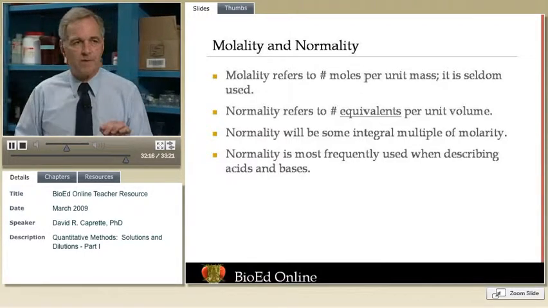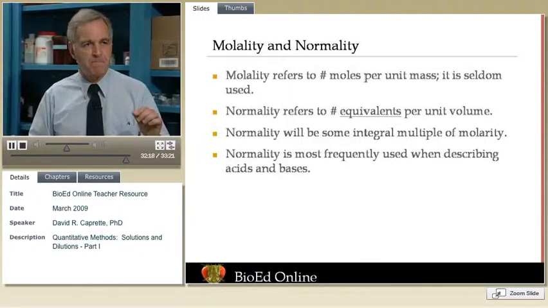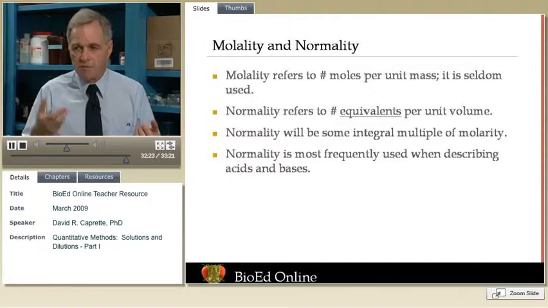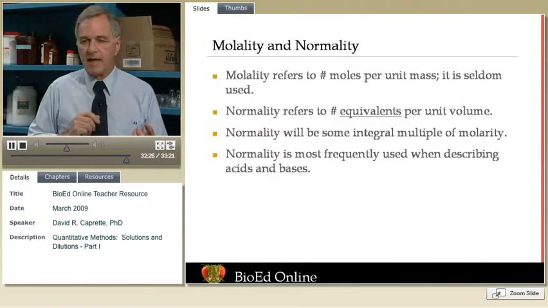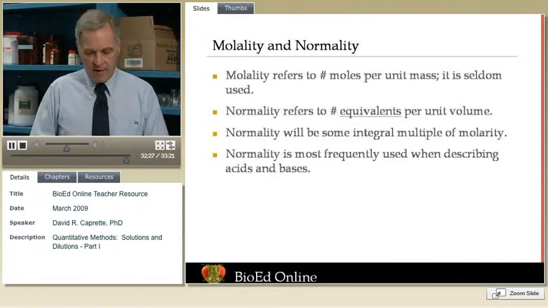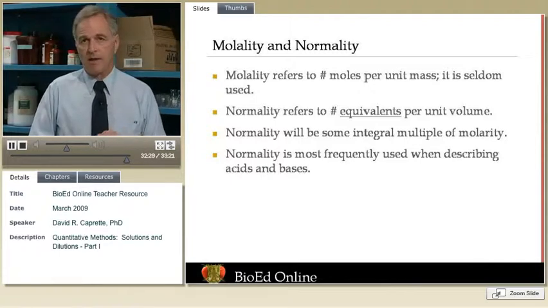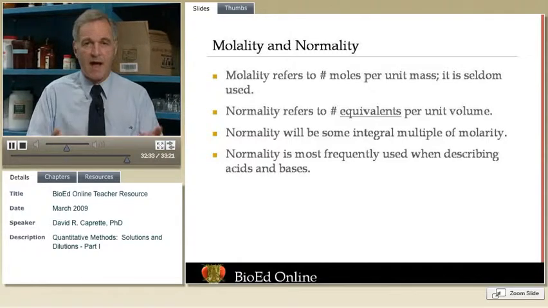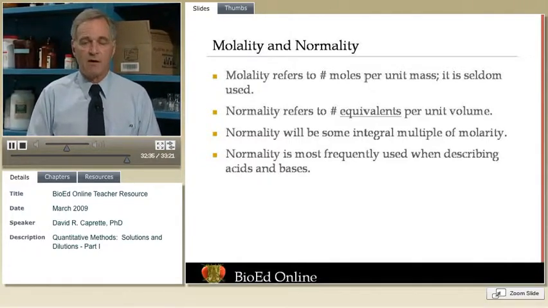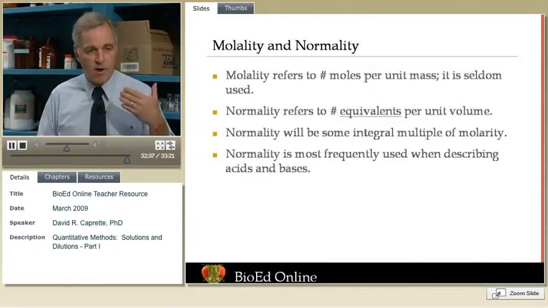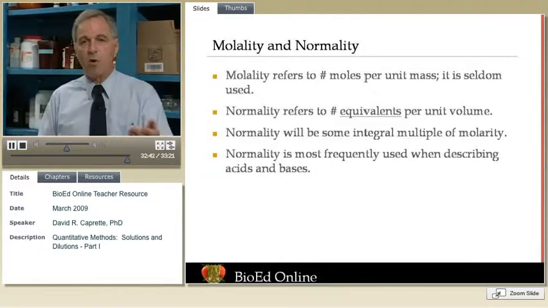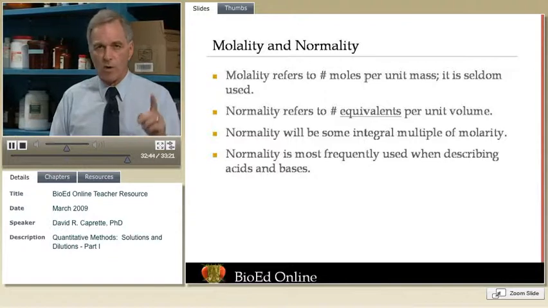For example, if we have hydrochloric acid, it releases one hydrogen ion per molecule of HCl. So if we have 1 molar hydrochloric acid, we have 1 mole of hydrogen ions, a reactant, per liter of hydrochloric acid. We therefore have 1 equivalent of hydrogen ions in every mole per liter, or in 1 molar hydrochloric acid.